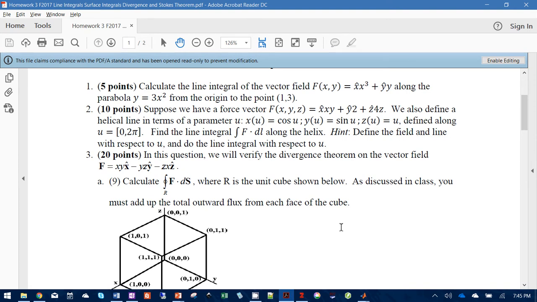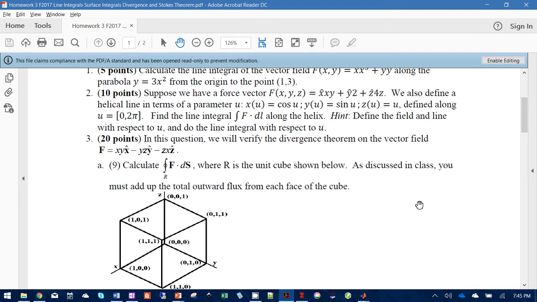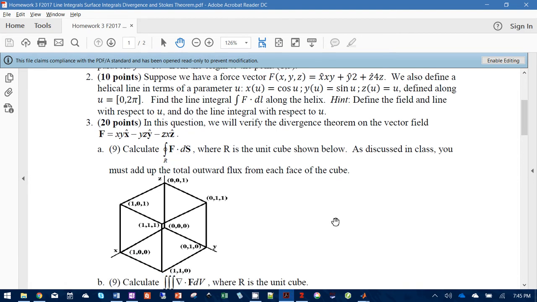All right, so let me just give you the preview of it then. Problem 3 is the divergence theorem. So what does the divergence theorem tell us? Yes, it's a way to calculate the total flux on the surface, right?